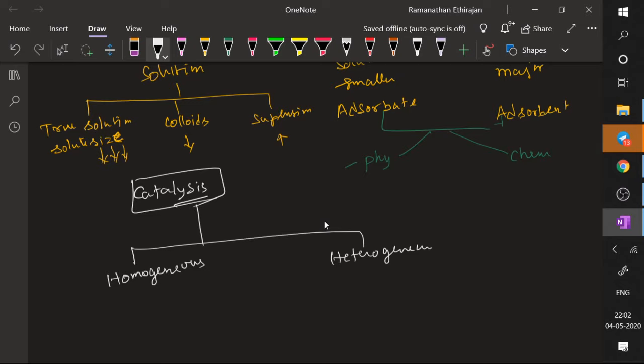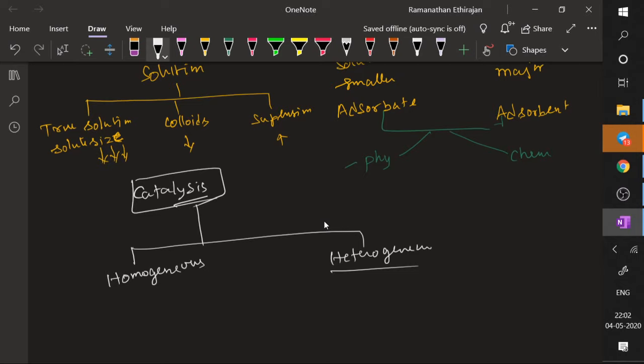But if the catalyst is physically distinct, say a solid or powder, and the reactants are gases, then it is called heterogeneous catalysis. In heterogeneous catalysis there is an advantage: we can easily remove the catalyst.